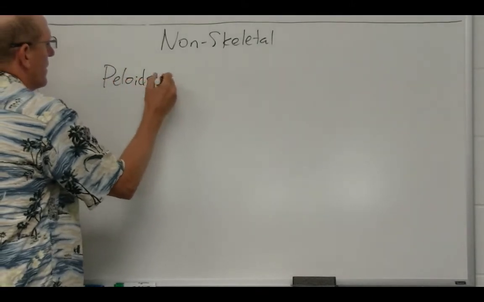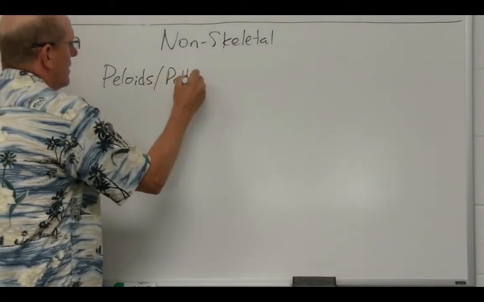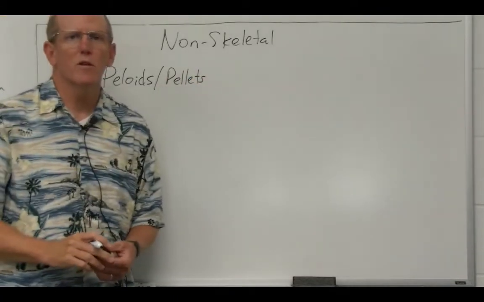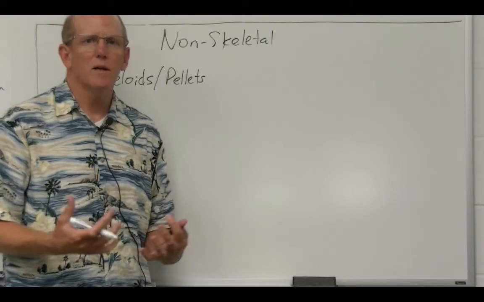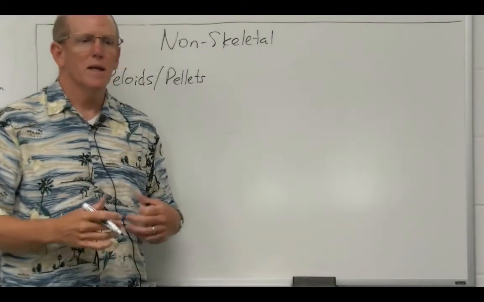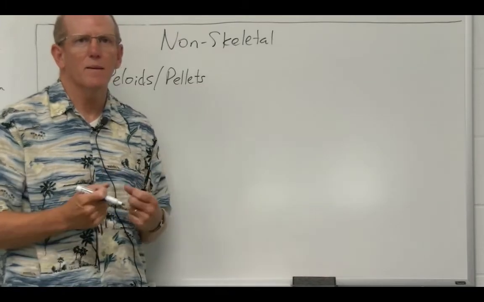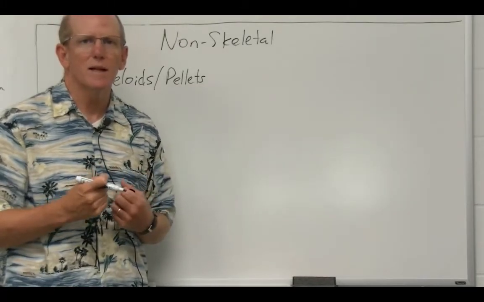peloids, also maybe called pellets. This is fecal material. This is material where the organism is living on the seafloor. It is incorporating sediment, so it ingests the sediment, so it eats the sediment.